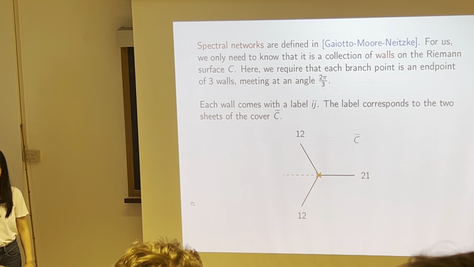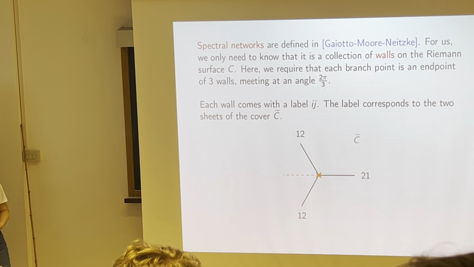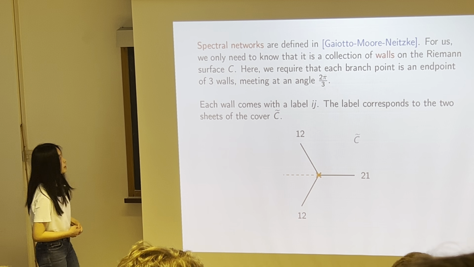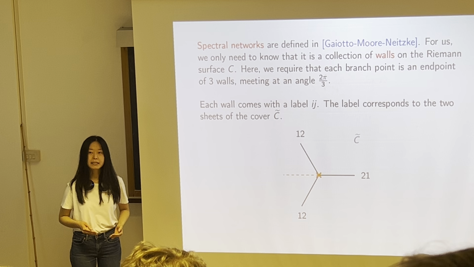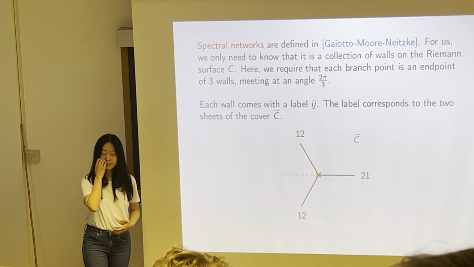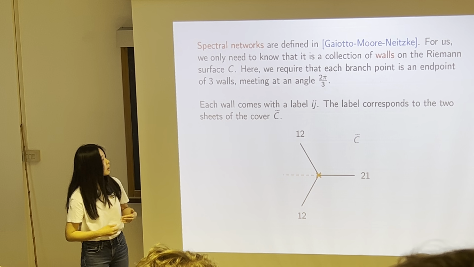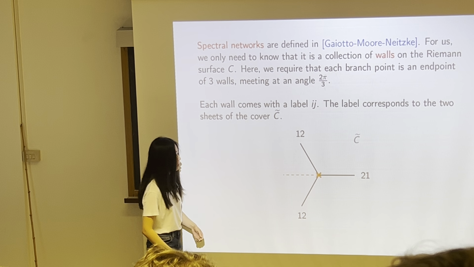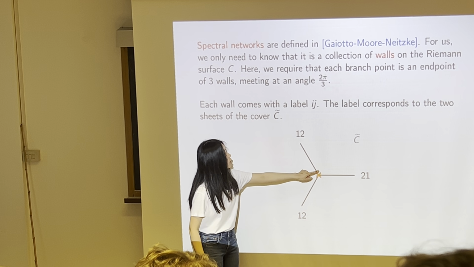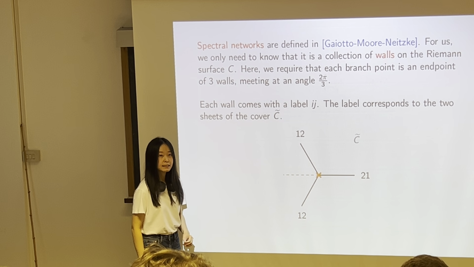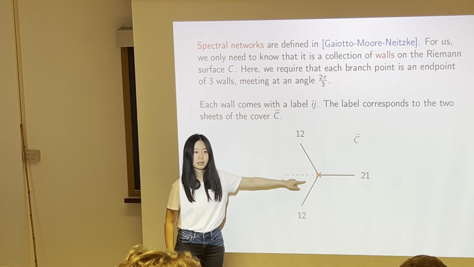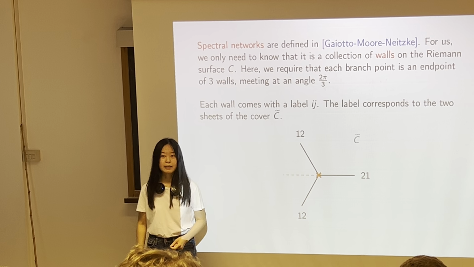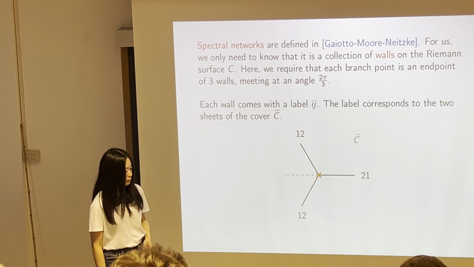The spectral networks are originally defined in the work by Gaiotto, Moore, and Neitzke. And for this talk, we just need to know that a spectral network consists of trajectories, which we will call walls. So here we have 3 walls. And we require that at the branch point, this orange cross, there will be 3 walls ending at it at an angle 2 pi over 3.